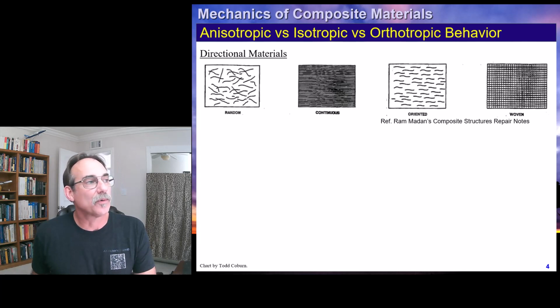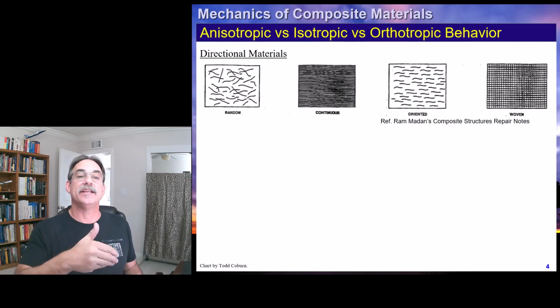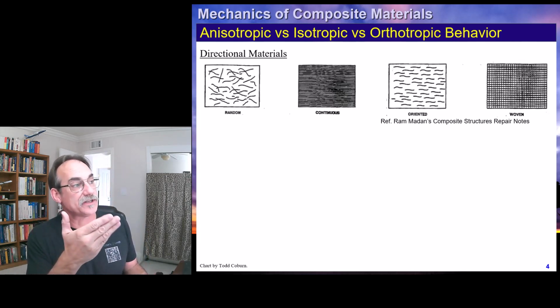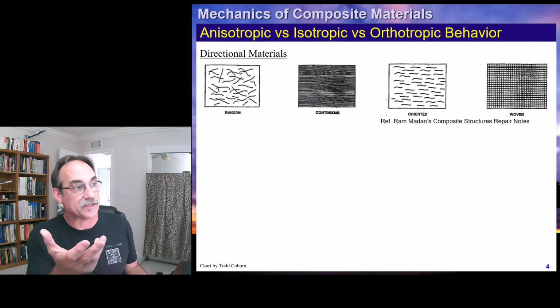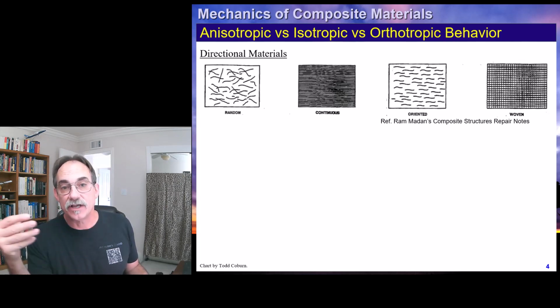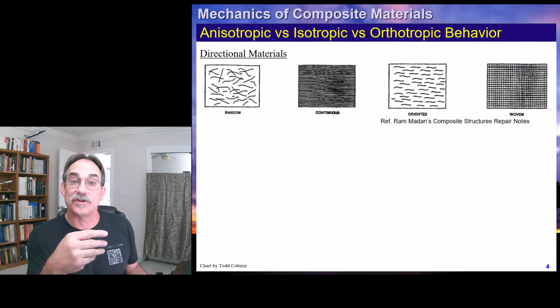We looked at the whole directional material thing, these chopped fibers, and the oriented fibers could be distributed so they give a unidirectional, so this random fiber could potentially act like a homogeneous material. The continuous unidirectional one is going to behave in a very probably orthotropic fashion.